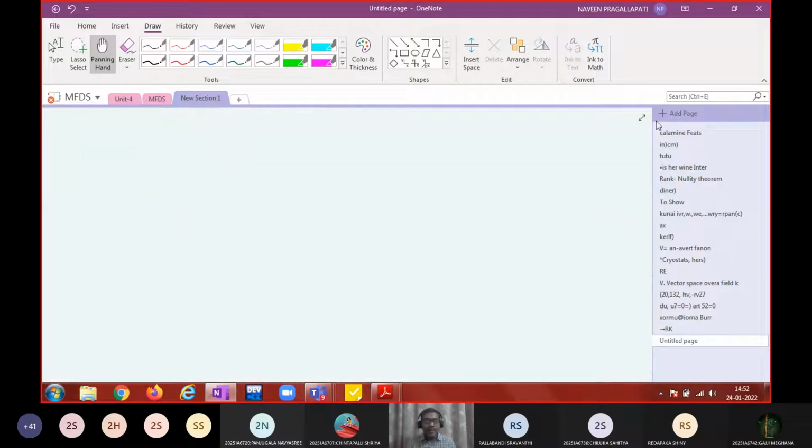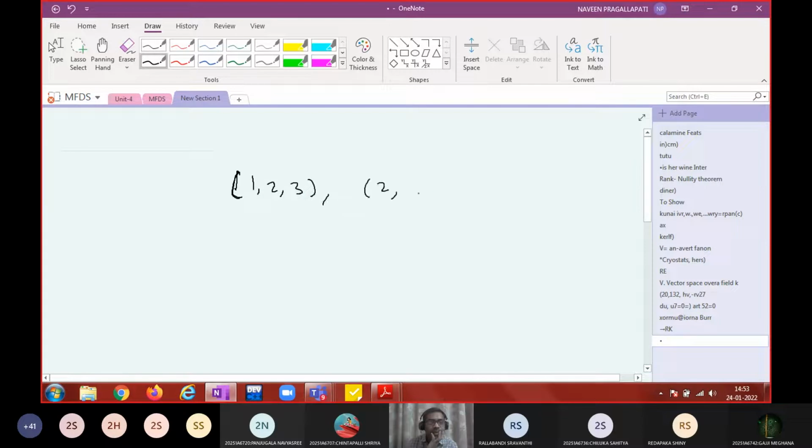So what I would like to highlight at this point is, suppose you have, let us say, 1 2 3 and 2 3 6. These two are linearly independent.